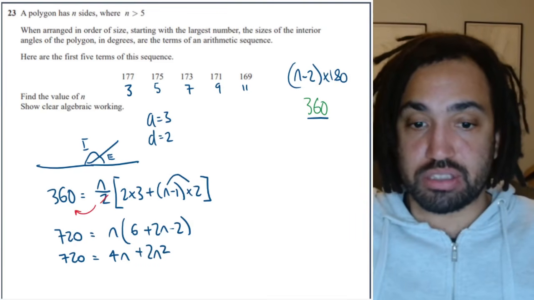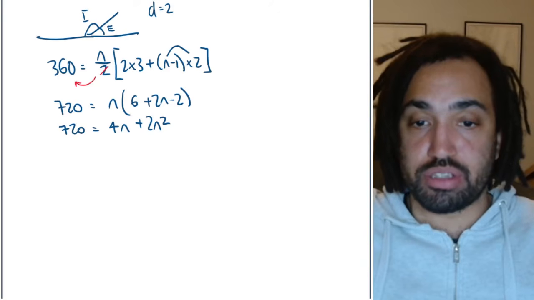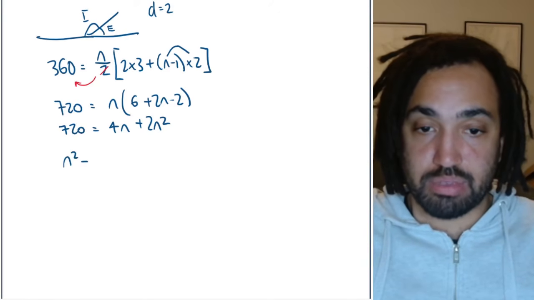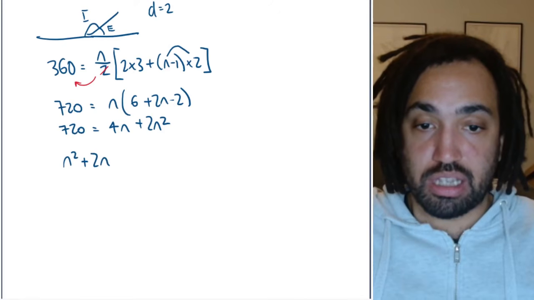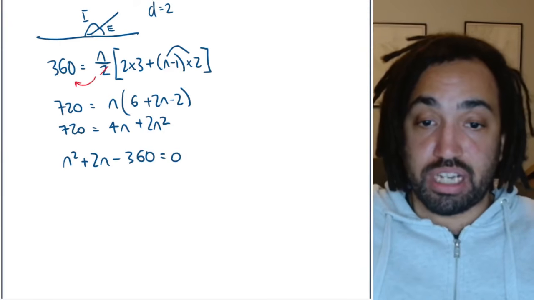Lovely. That's a quadratic which we can solve. And I'm going to divide it by 2 and put it in a better format, the way that I like it, which is like so. So moving the 720 over, making it negative and dividing everything through by 2.